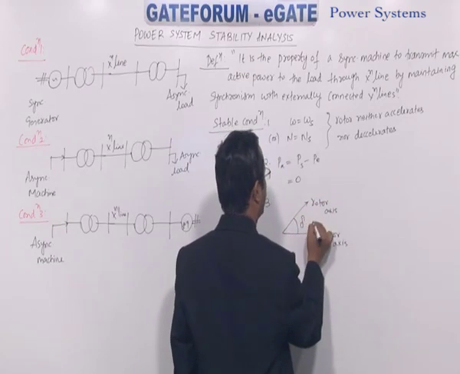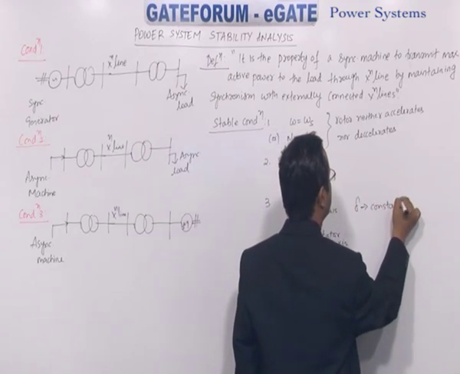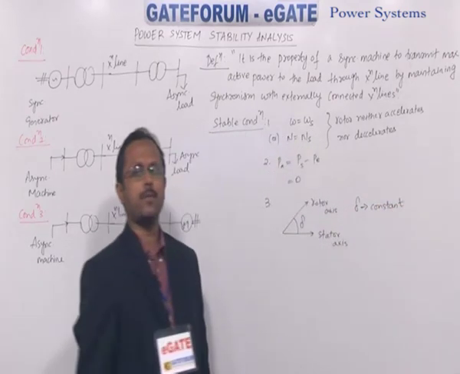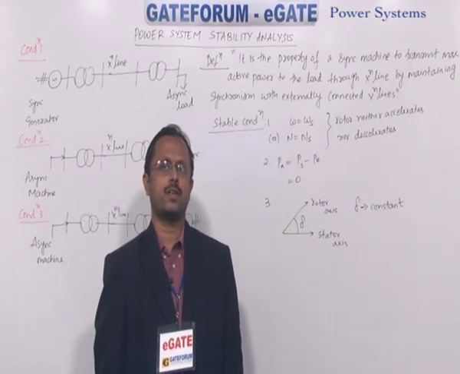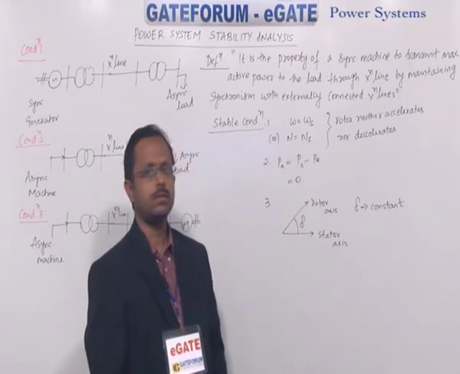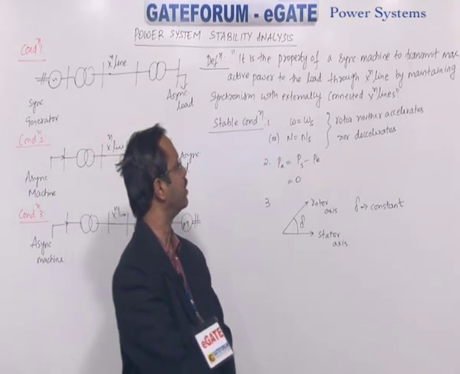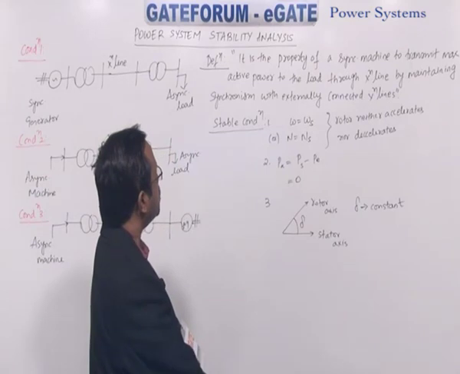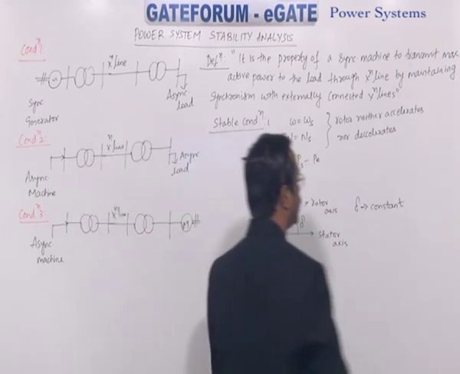What is the angle? Delta. When the system is operating under stable conditions, delta remains constant. So these are the conditions you get for a stable power system network.